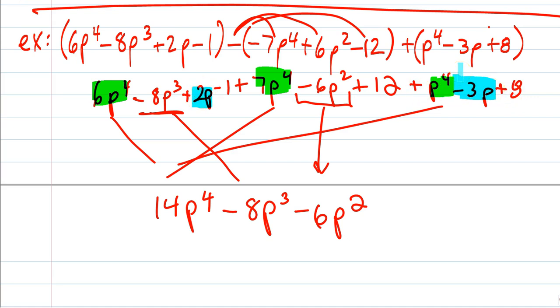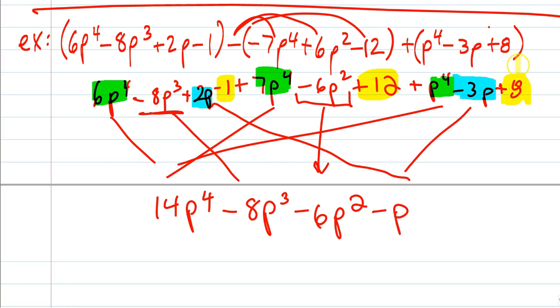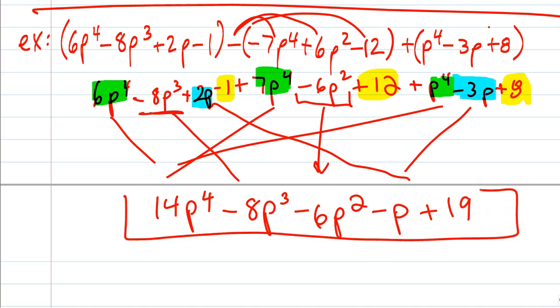There are two of those, so they would combine to make 2 minus 3 would be negative 1 or negative p. And last but not least, my constants, negative 1 plus 12 plus 8 should give us 19. If you got that, then you should be ready for the next section of notes. Get to work.